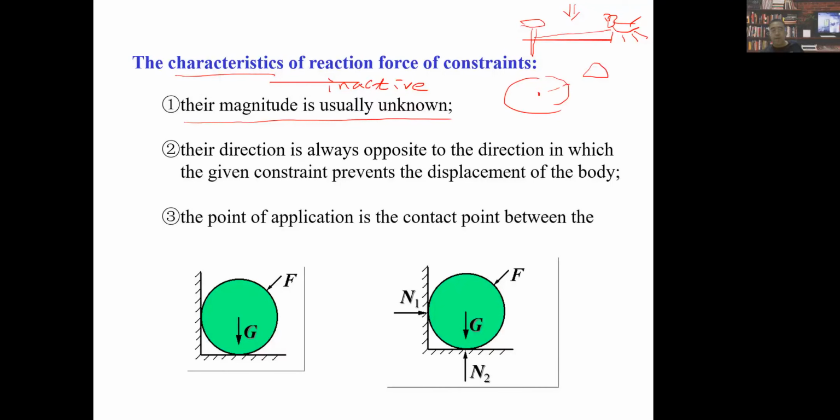That is why we call that reaction force inactive. If it does not escape from this circle, there will be zero constraint force, right? That's why it is usually unknown and inactive.